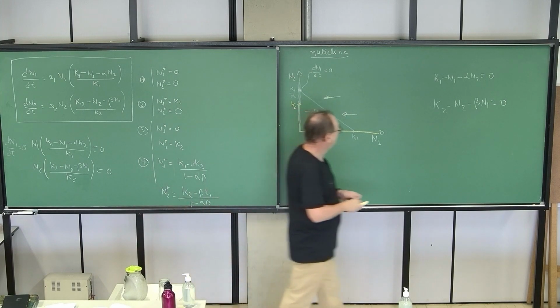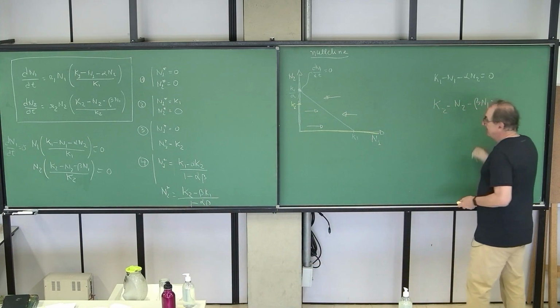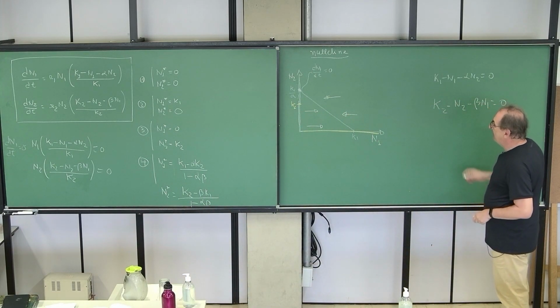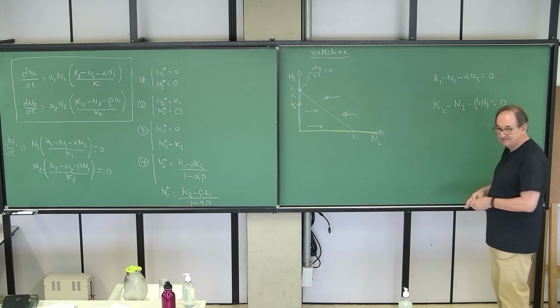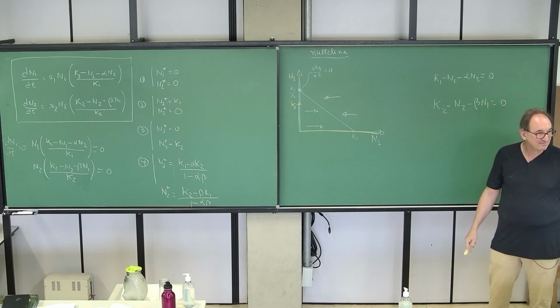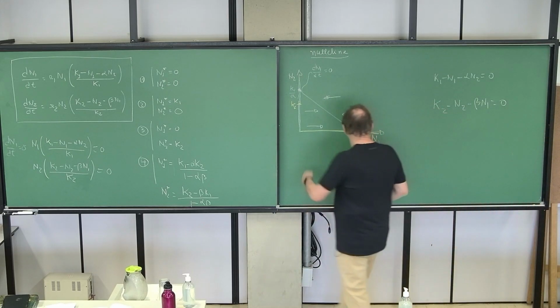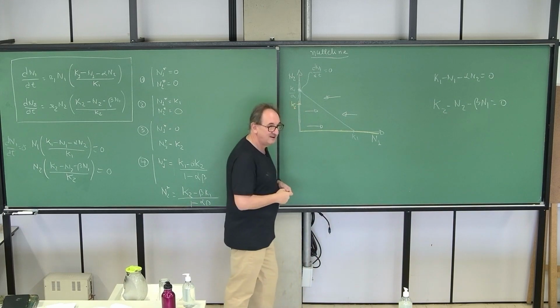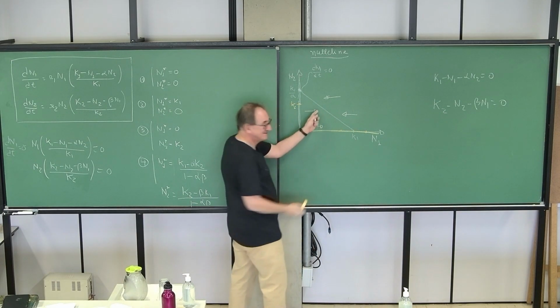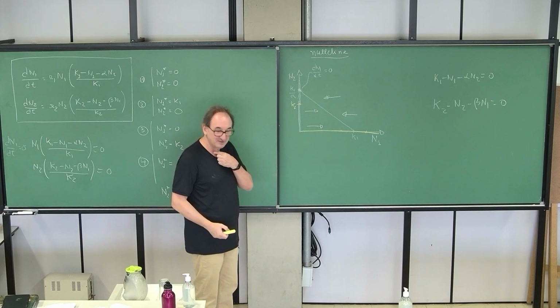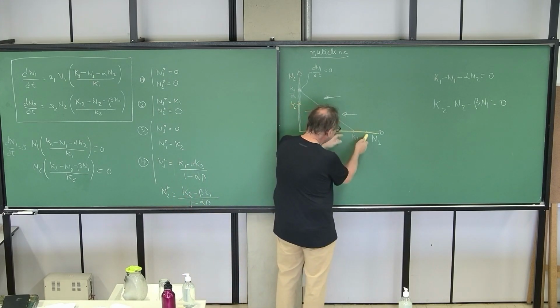Now, the other fixed point is when n2 is equal to 0, which is n1 equal to k2 over beta. But now, k2 over beta could be here or here. In the first case, the lines don't cross. Sorry, in the second case, the lines cross.